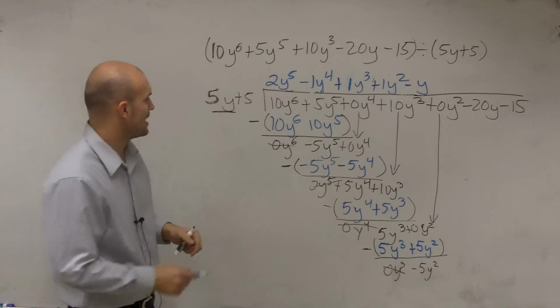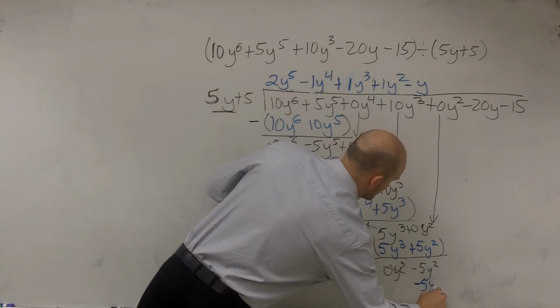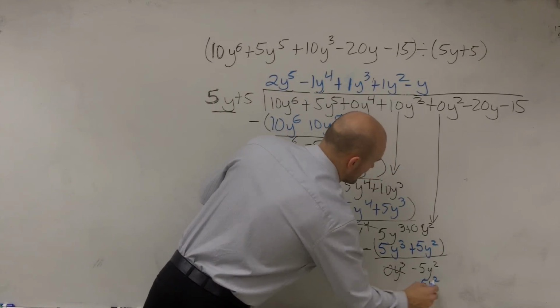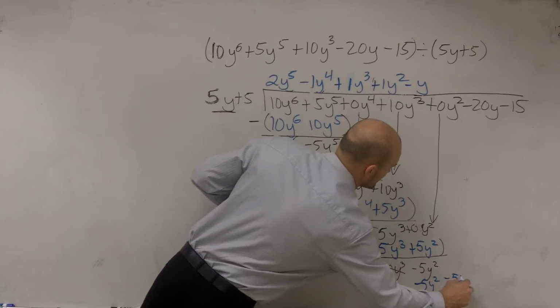Negative y times 5y is going to be a negative 5y squared, and negative y times 5 is a negative 5y.